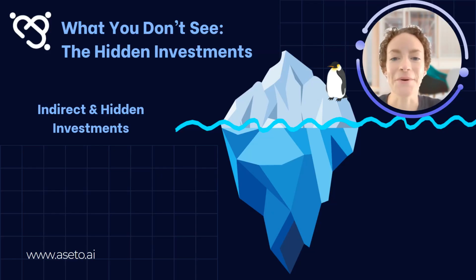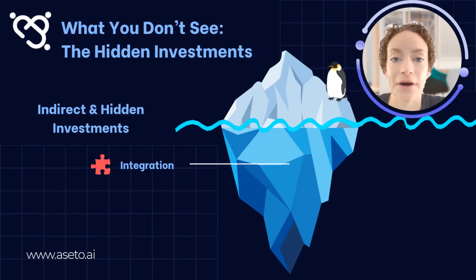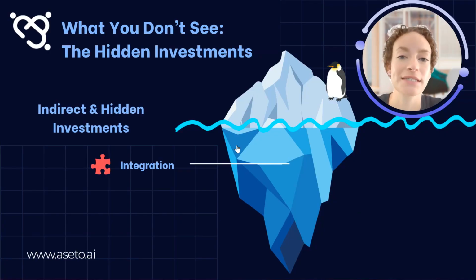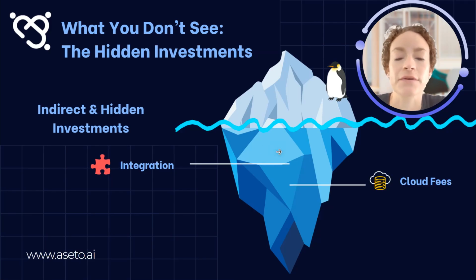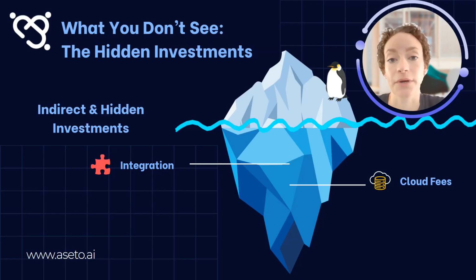Now for the most important part of our budget, the foundation that lies below the surface. These aren't just surprise fees. They're planned investments that ensure your project succeeds. First, as we've already discussed, are integration costs. This is the investment required to make sure that your new AI solution talks seamlessly with the other software you already use. Second, there are potential cloud and infrastructure fees. This is the cost of the computing power for the AI to run.